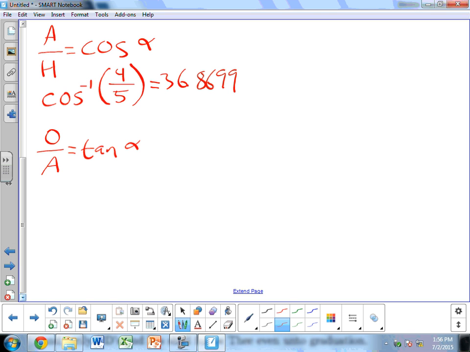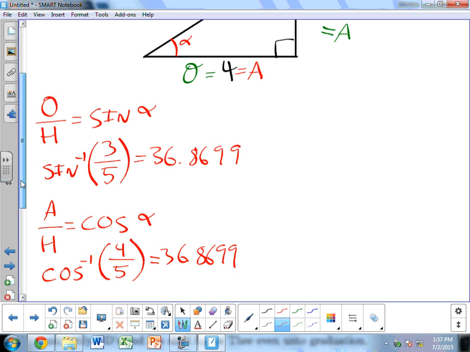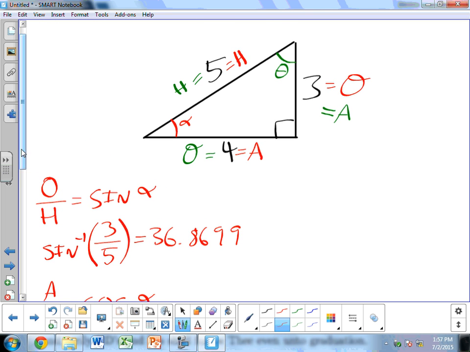The opposite side, we're going to take the tangent inverse of the opposite side, which is 3, over the adjacent side, which is 4. That's going to equal alpha. Should have written the alphas in. And alpha is going to be the same thing, 36.8699. So what this shows us is that it doesn't matter which pair of sides we use, we are always going to find alpha to be 36.8699.